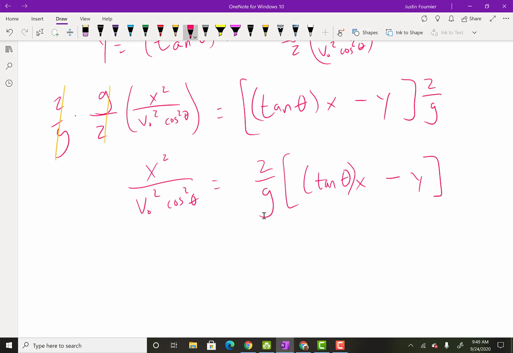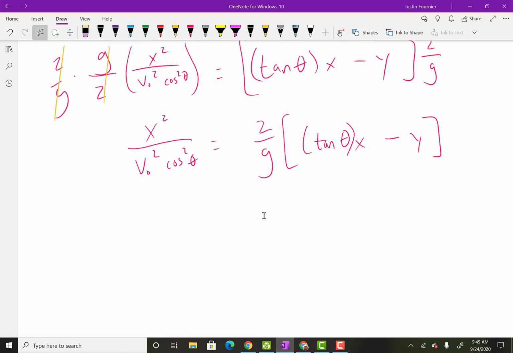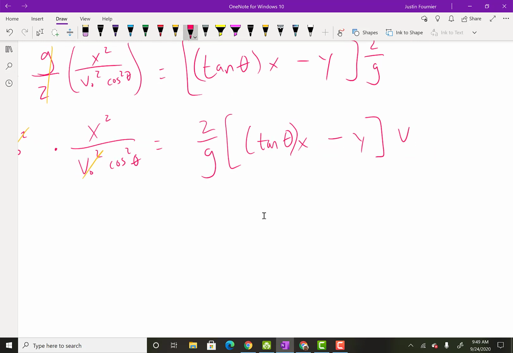I'm thinking I'm just going to multiply everything by, trying to think of a simple way to do this, but I can't. So, you know what? Let's multiply everything by v naught squared. So this will cancel, this will cancel. So then I've got v naught squared over here.